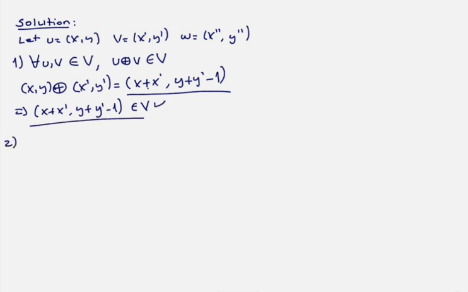ሁለተኛው ፕሮፐርቲ ደግሞ ምንድነው: it's another closure property, the closure property of scalar multiplication.